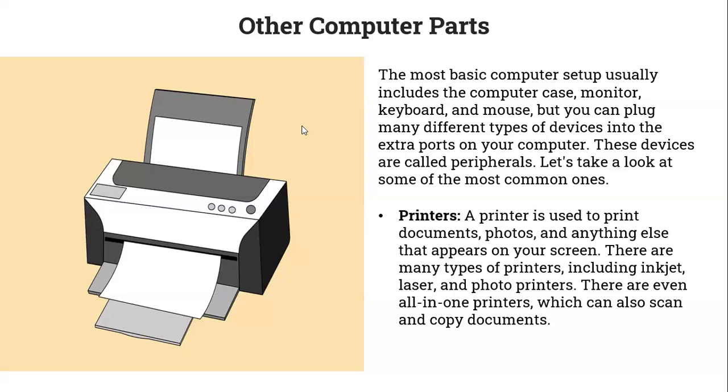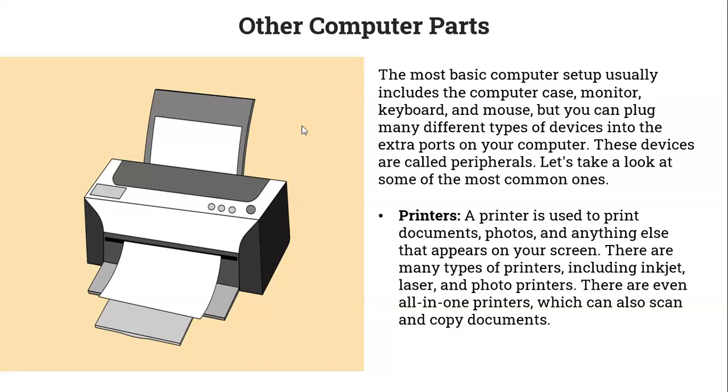Okay, so the other computer parts. The most basic computer setup usually includes the computer case, monitor, keyboard, and mouse. But you can plug many different types of devices into the extra ports on your computer. These devices are called peripherals. Let's take a look at them.